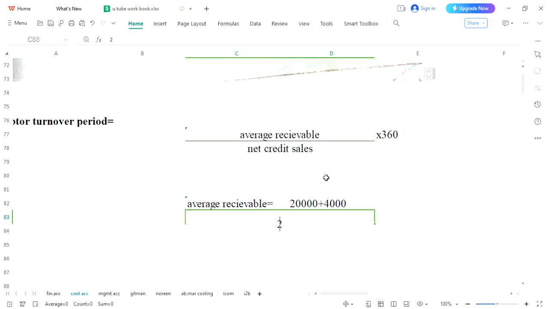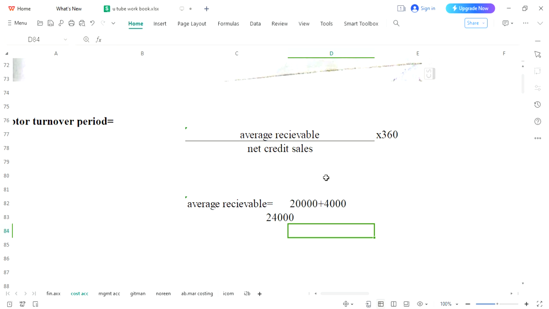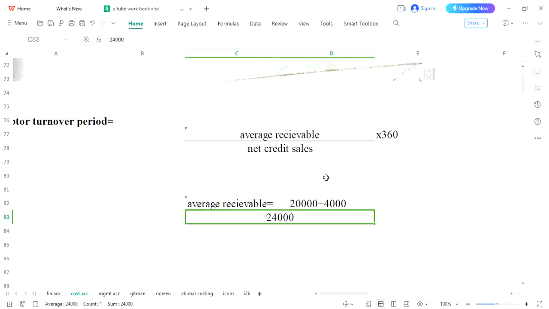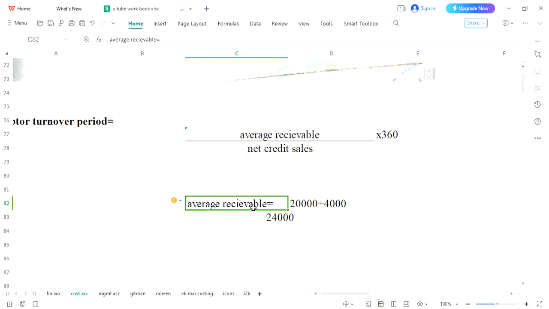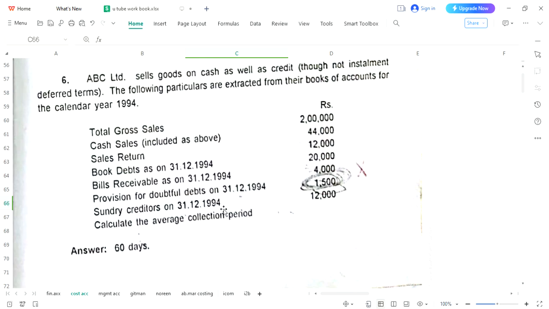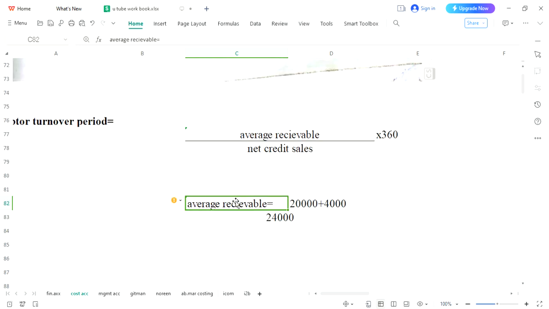It means 24,000 would be average receivable. Now you can ask your question, why we haven't calculated average? I have already informed you that opening and closing are not given in the question, only closing. So it means average is not possible to be calculated. One part of the question we have solved, and second we need to get net credit sales.